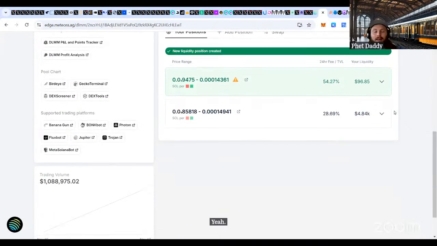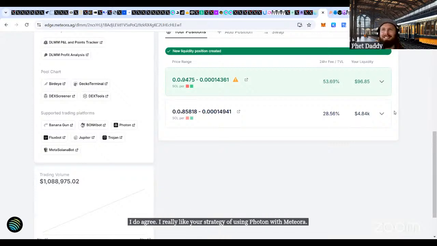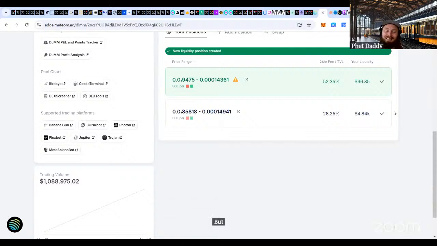I do agree. I really like your strategy of using Photon with Meteora. The only thing is I don't want to create another wallet because all of my Met points are on this main wallet, so I'm kind of excluding myself from that tech. But it is really nice. The transaction speed they incorporate is a really nice benefit. It just depends.